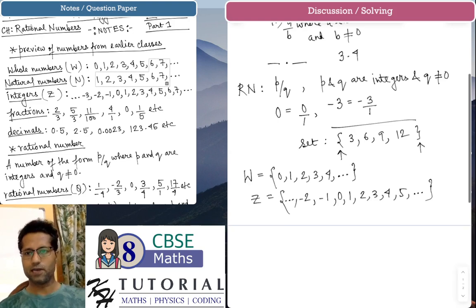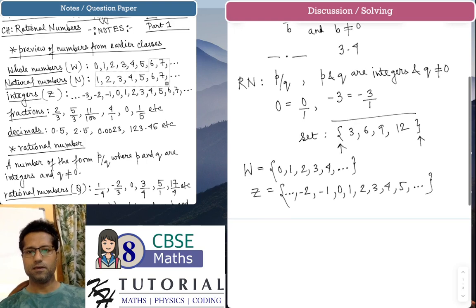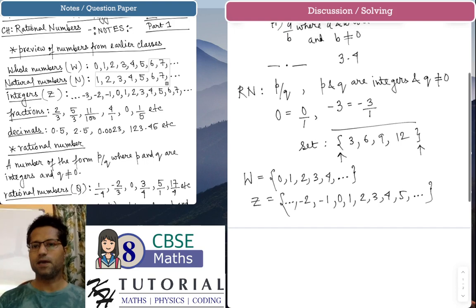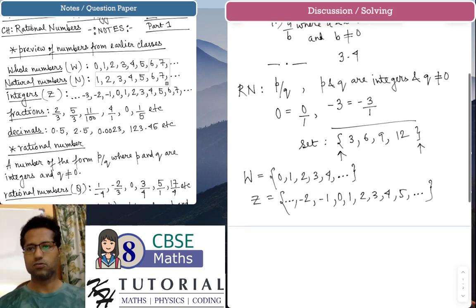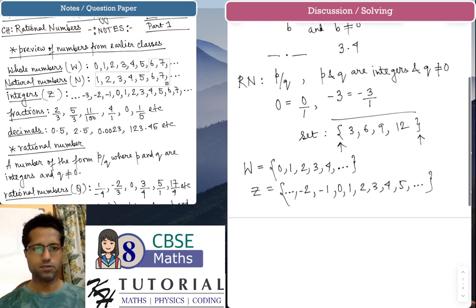I was discussing rational numbers. A rational number is any number that you can write in the form p by q, where p and q are integers and q is not equal to 0. Q should not be 0.